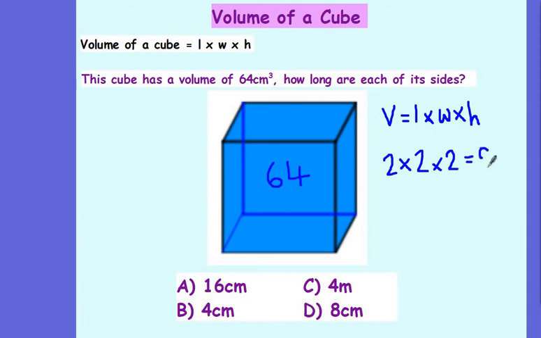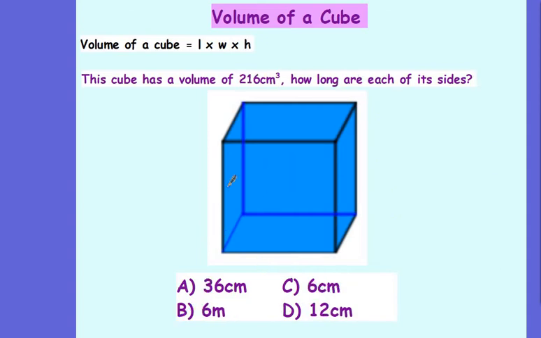That's too small. If it was 4, I'd get 4 times 4 times 4, which would give me 64. So that works. So the correct answer is B, 4 centimetres. 4 times 4 times 4.